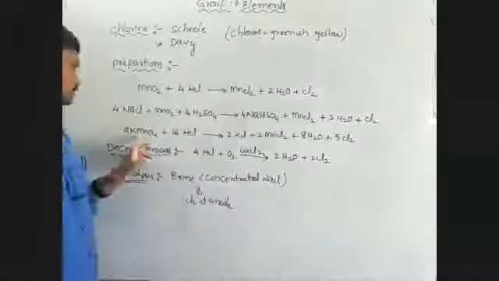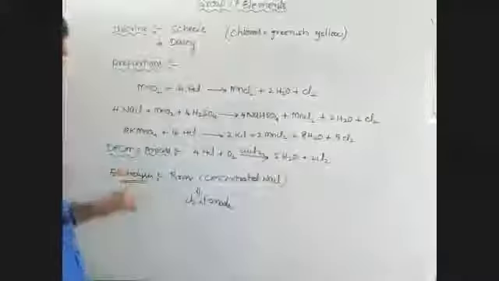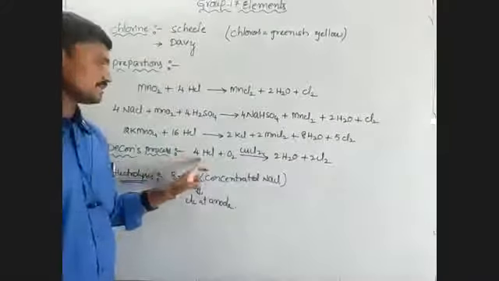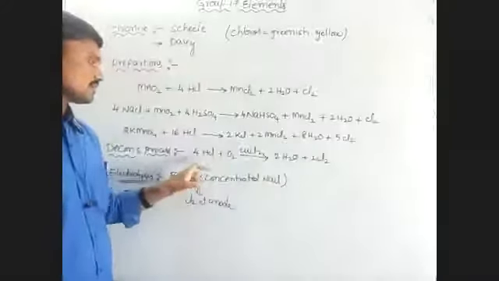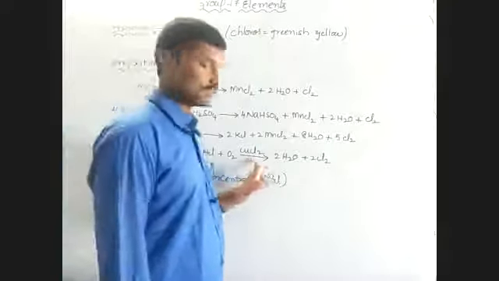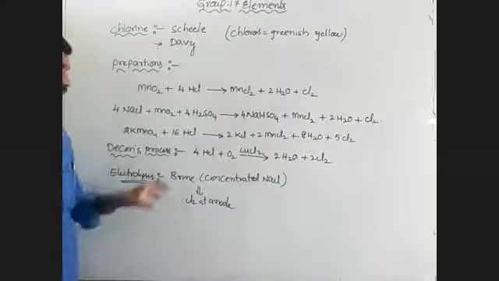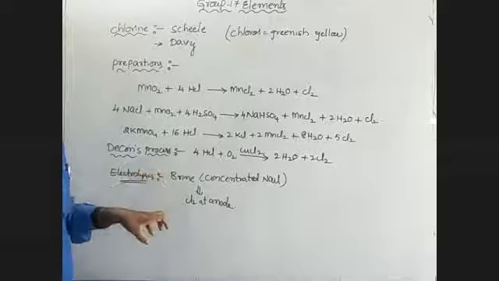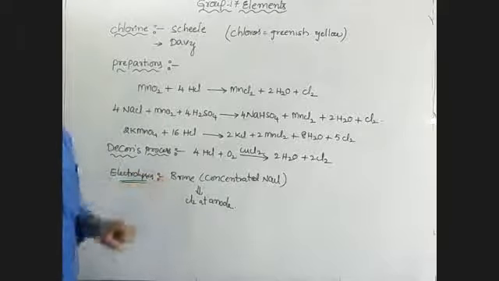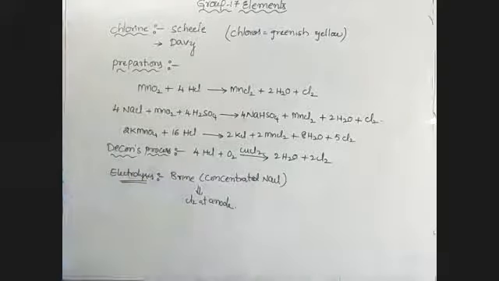Next, potassium permanganate combines with HCl and forms chlorine. In the Deacon process, HCl combines with oxygen in the presence of cupric chloride and forms water and chlorine. In electrolysis, brine solution undergoes electrolysis and chlorine is formed at the anode. So this is the preparation of chlorine.